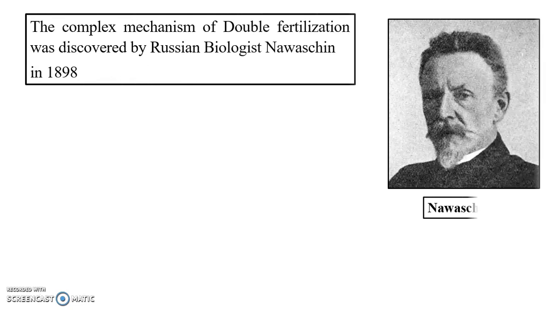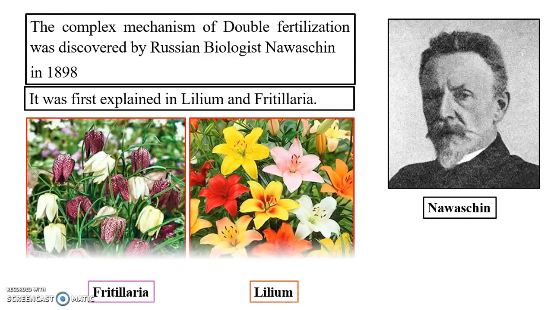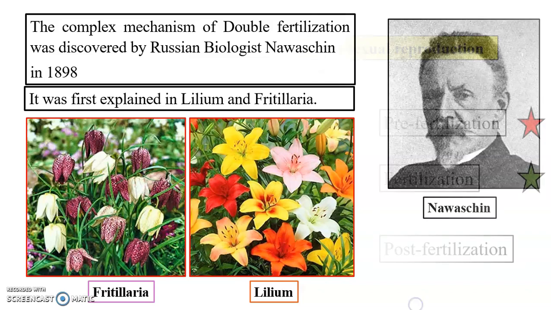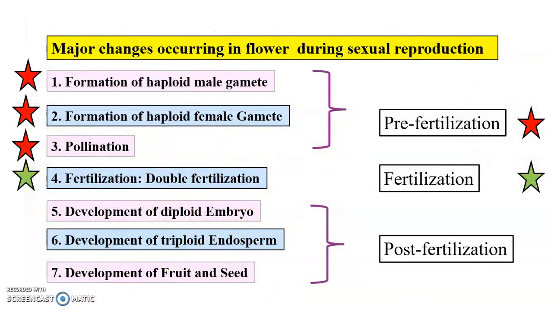The complex process of double fertilization was discovered by Russian biologist Navashin in 1898. It was first explained in Fritillaria and Lilium flowers. Let us have a look at the major changes in a flower during sexual reproduction.